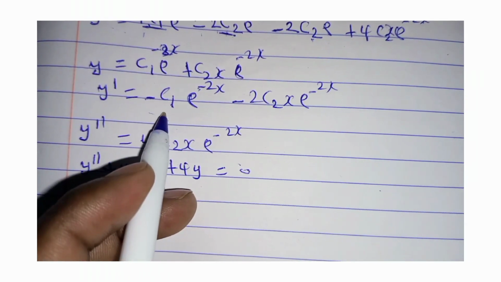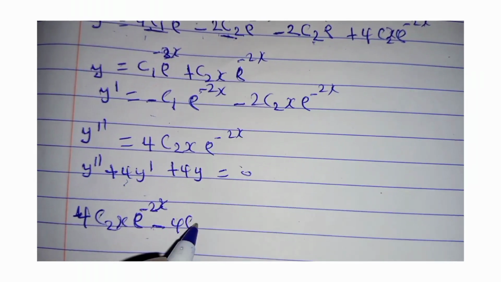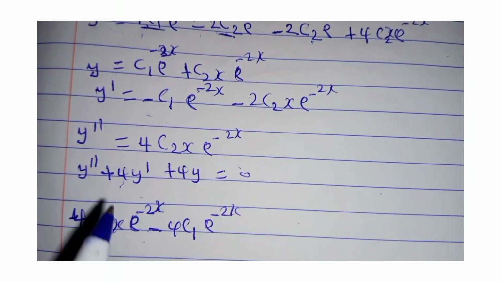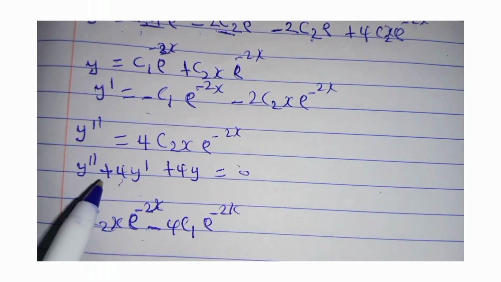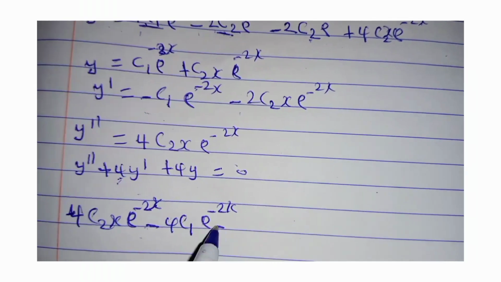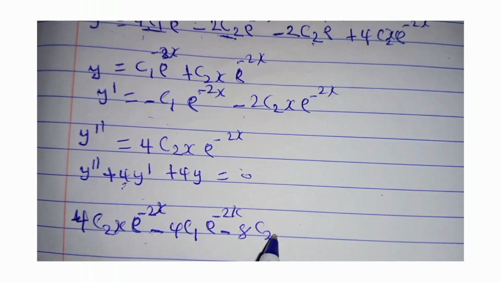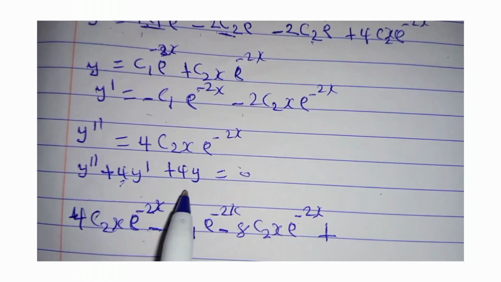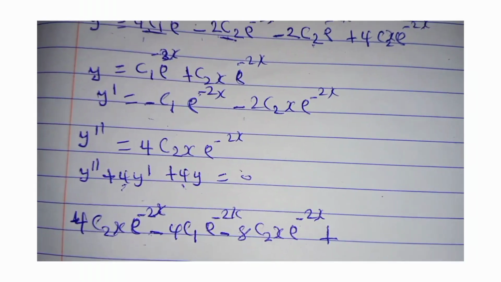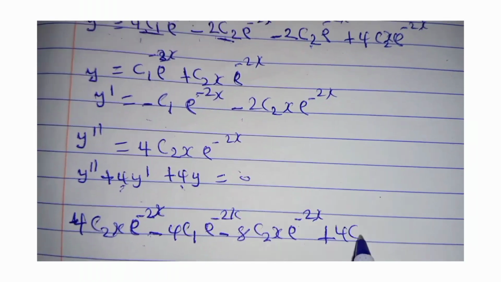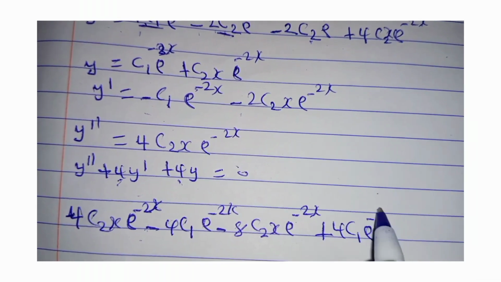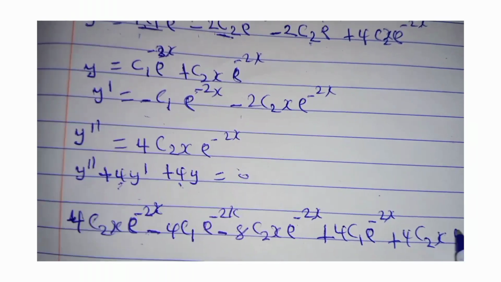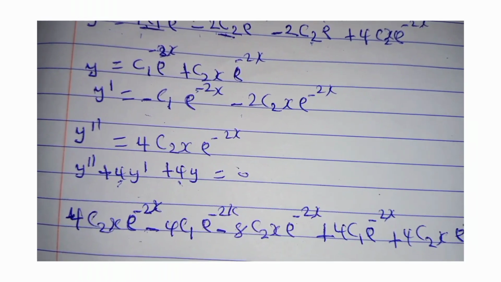So 4 times c1 gives negative 4c1 exponential negative 2x. Then you have this 4 times negative 2, which will give you negative 8c2x exponential negative 2x. Then plus this 4 times c1, which will give you 4c1 exponential negative 2x. Then plus 4c2x exponential negative 2x.